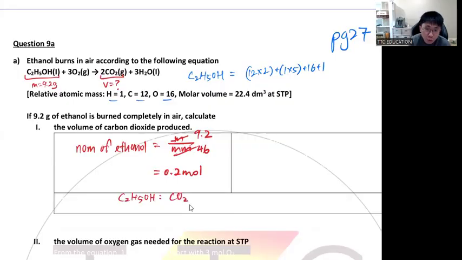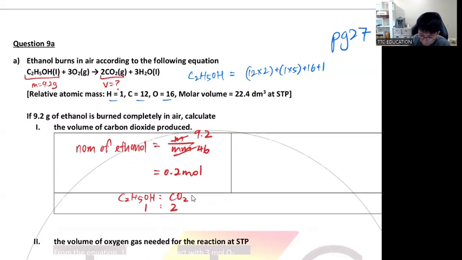So what is the ratio according to the equation? The ratio between C2H5OH and your CO2: look at the balanced equation, the number in front of the chemical. Any number in front of C2H5OH? Don't have, so it's 1. Any number in front of CO2? Got, right? There's a big 2 there. So the ratio between these two chemicals is 1 to 2.